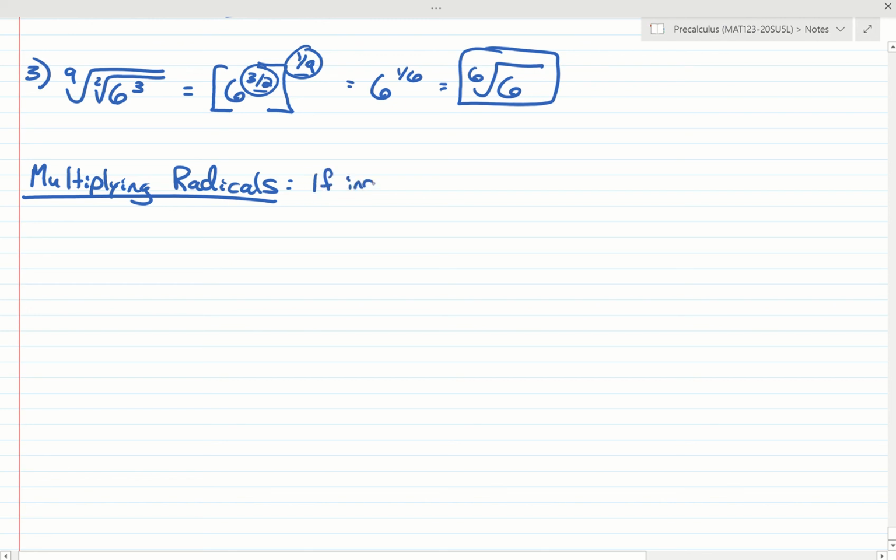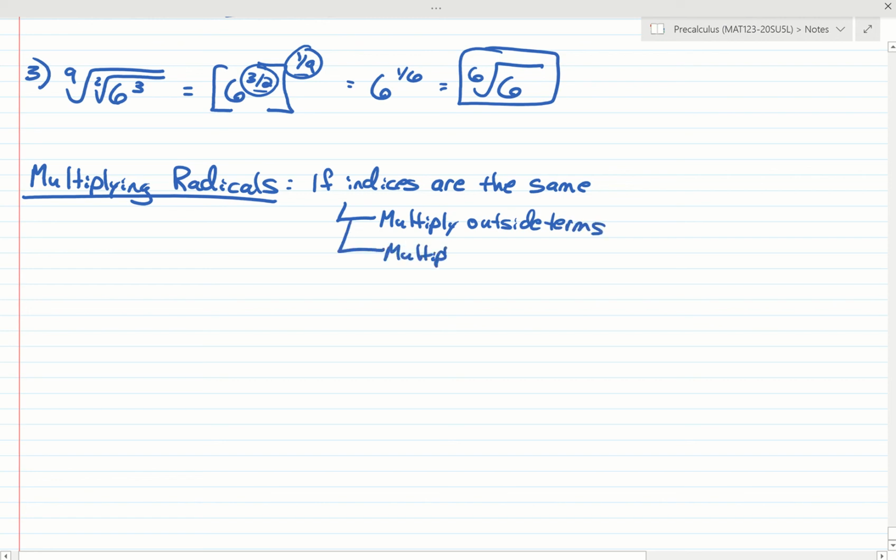If the indices are the same, then you multiply the outside terms and you multiply the radicands.